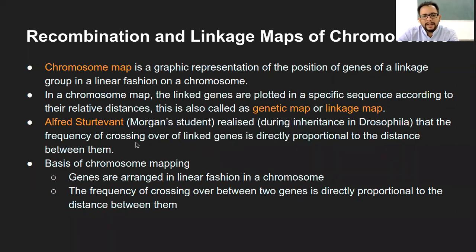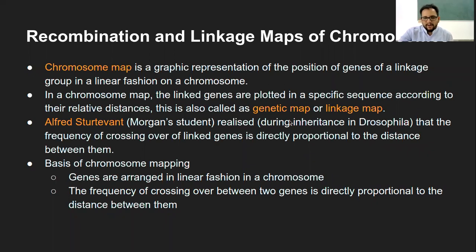He identified that the frequency of crossing over, that means the number of times chromatids cross over with each other, and the kind of gametes formed, is directly linked to the distance between them.